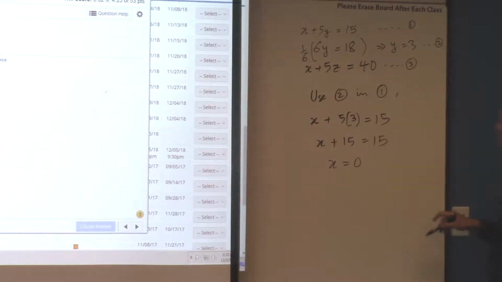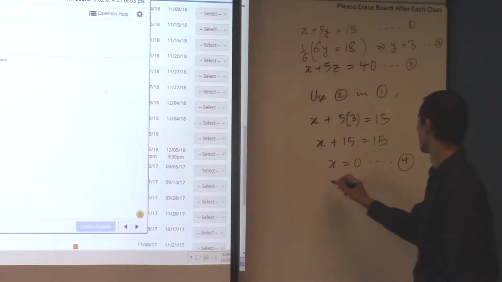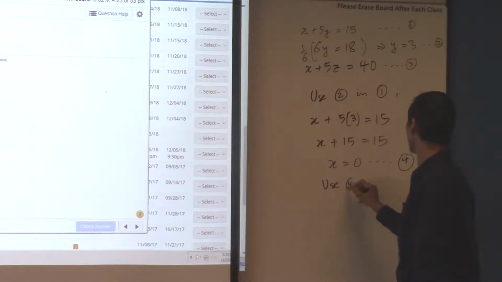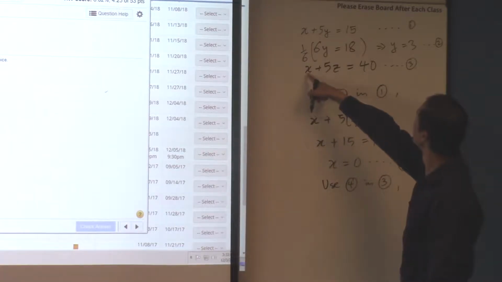Let's call it equation number 4, which is, by the way, just one variable. So we can use this now in 3. Use 4 in 3 to eliminate x.